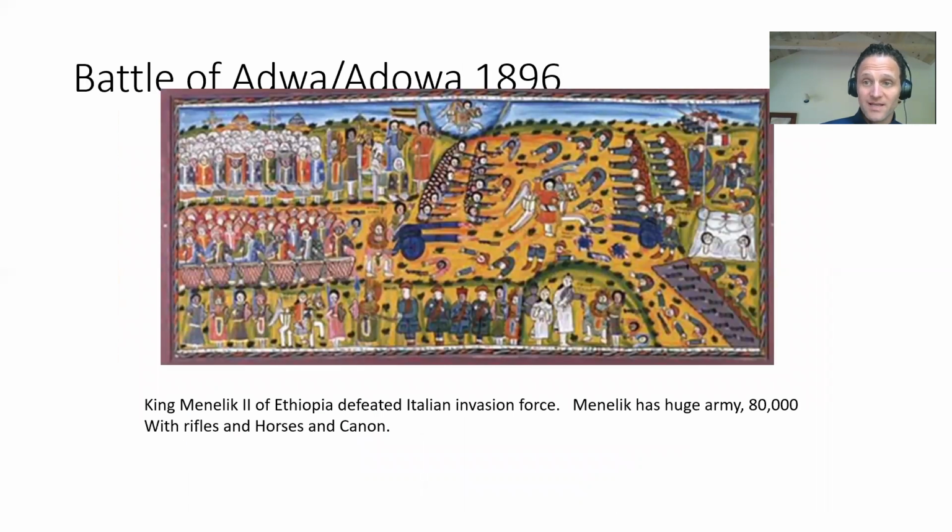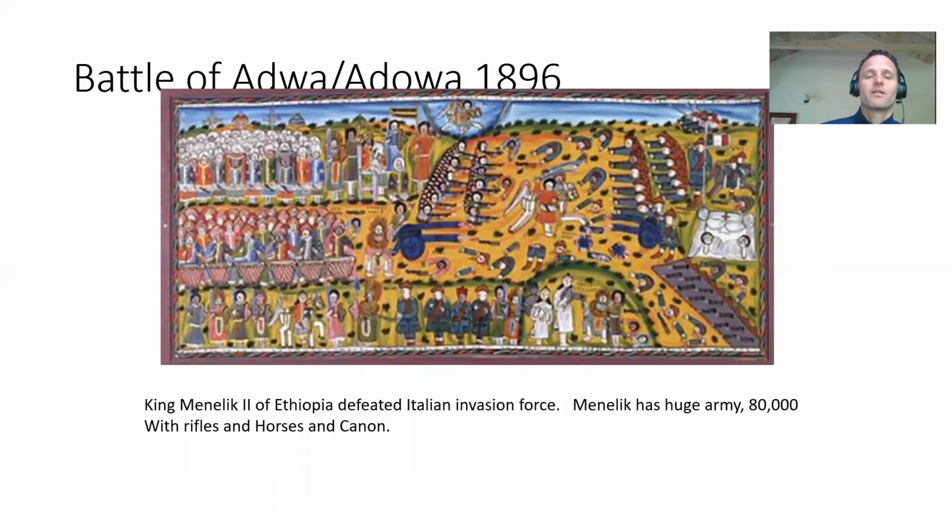We do have a great example of successful resistance. You remember the Battle of Adwa, 1896. Ethiopians resist Italian aggression. Italians are trying to get control of their little slice of Africa, and King Menelik II defeated this Italian invasion force. How did he do it?